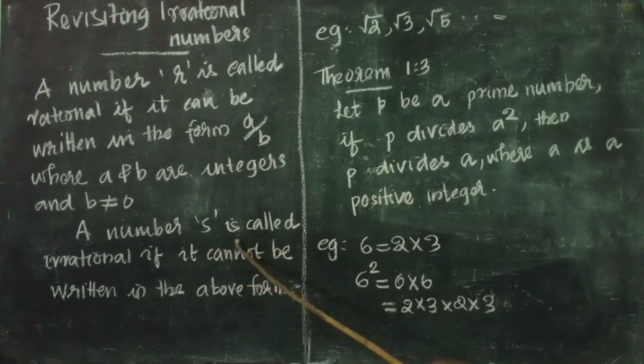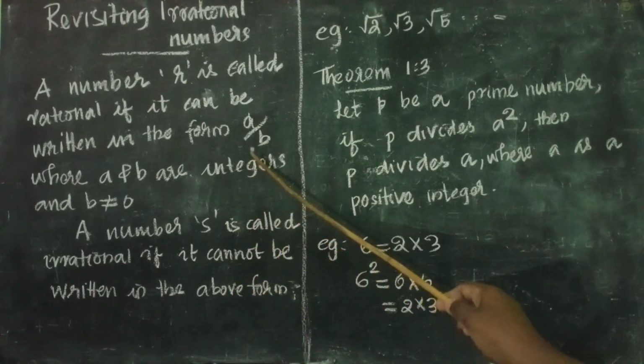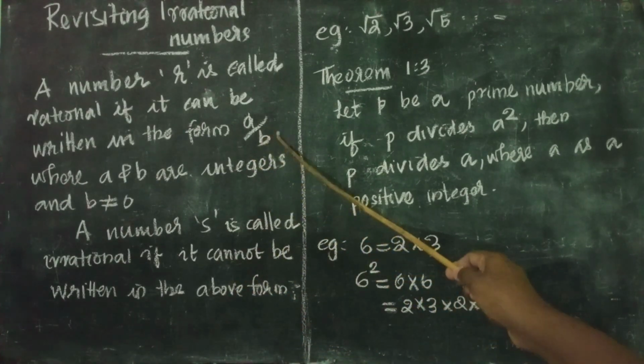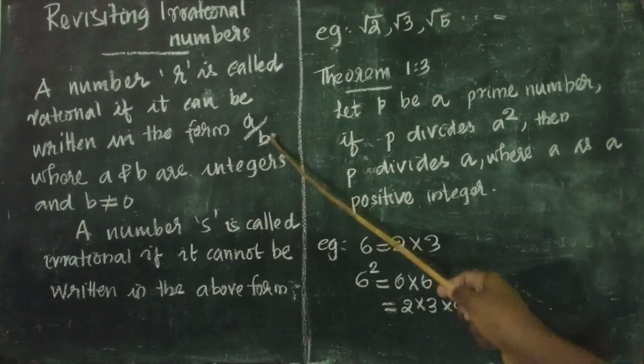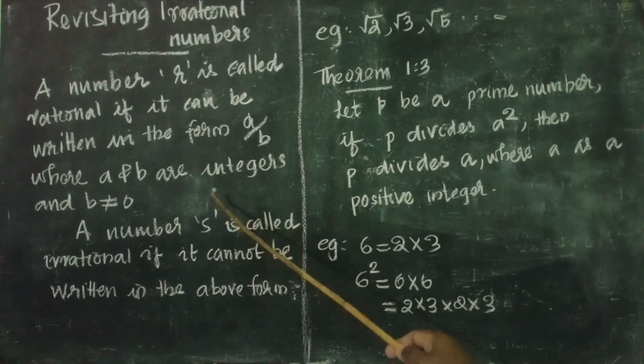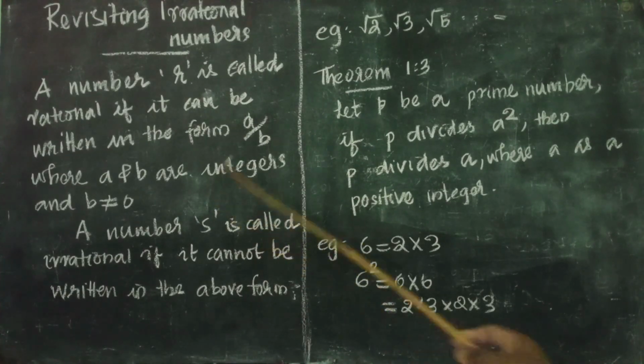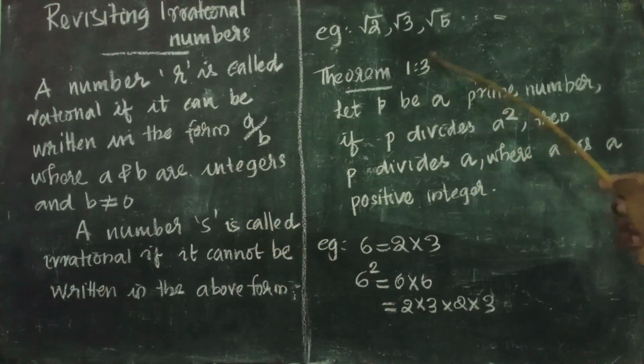A number S is called irrational if it cannot be written in the above form. That means a number is an irrational number if it cannot be written in the form a by b, where a and b are integers and b not equal to 0. Root 2, root 3, root 5, etc. are some examples for irrational numbers.